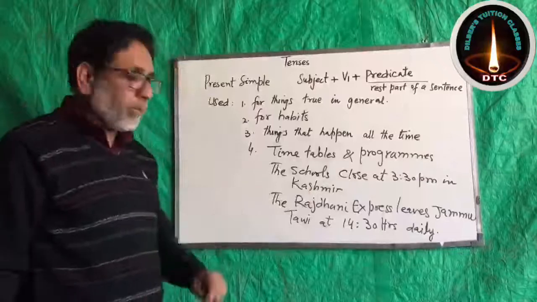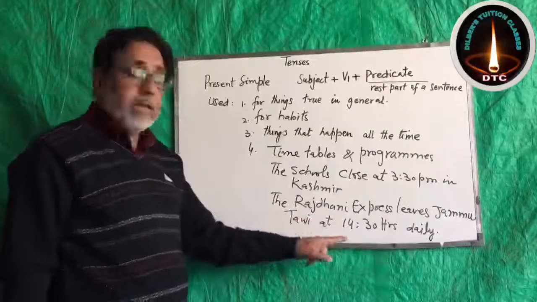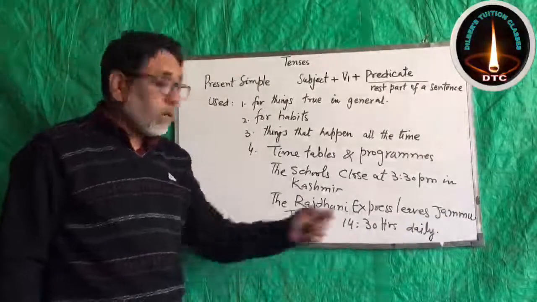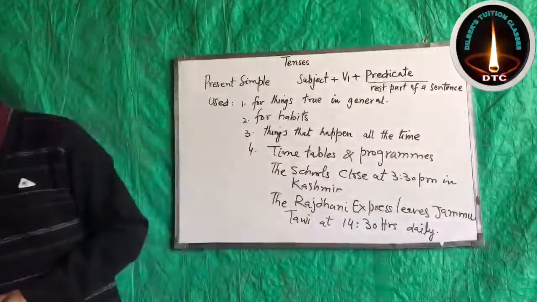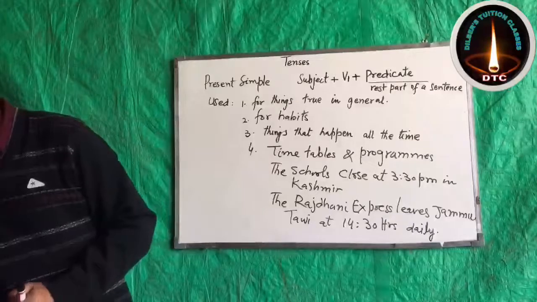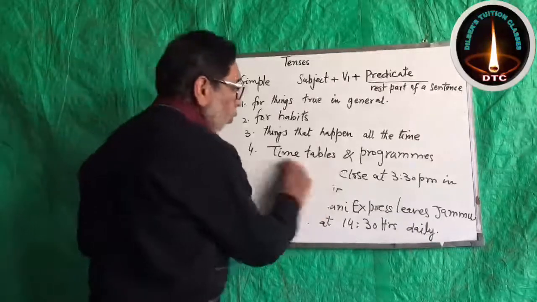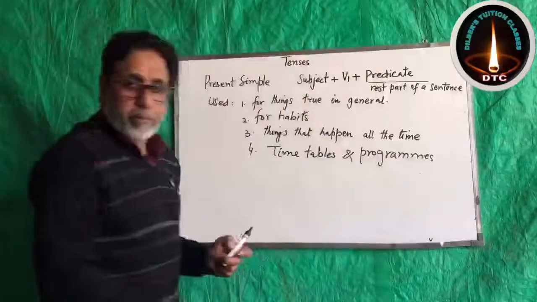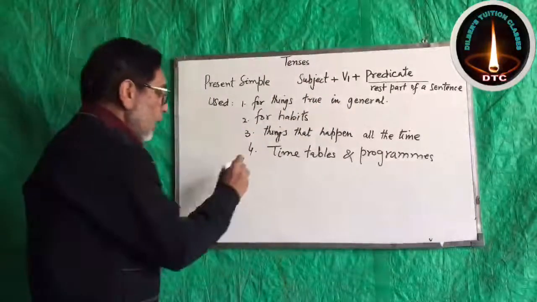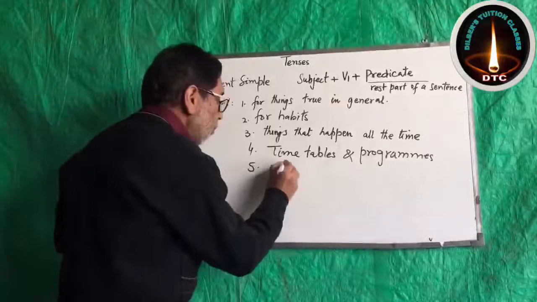The Rajdhani Express leaves Jammu at 14:30, that is 2:30 p.m. daily. This is something about the timetable. Accordingly, you can also use this for proverbs. It is used also for proverbs.